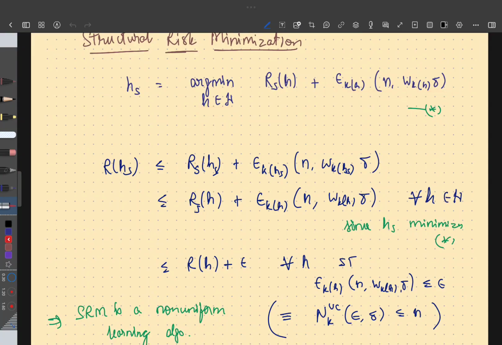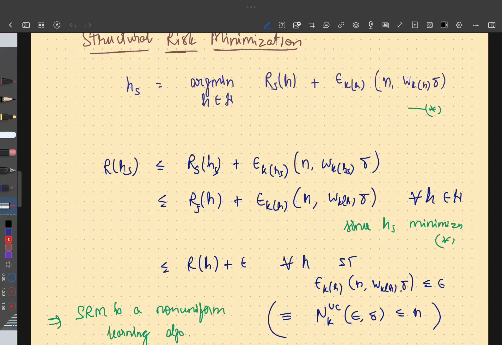So for every predictor within your hypothesis class, there could be uncountably many predictors in your hypothesis class. For every such h, there is some number. For a given n and delta and weight function, this quantity is well defined.